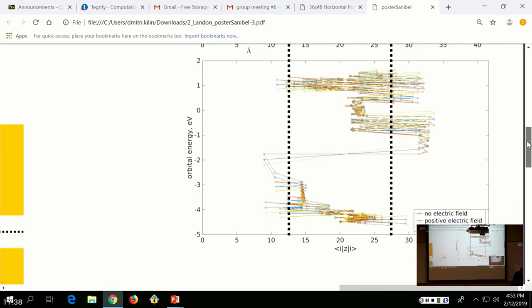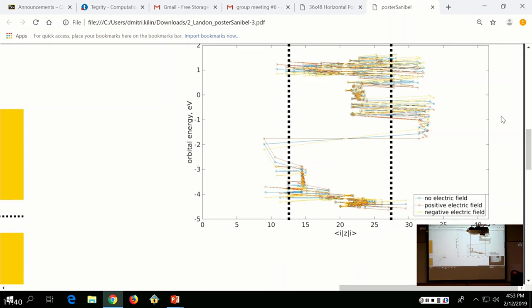Now let me make this hard. So, by using that approximation from first order perturbation theory, we can calculate the energetic redistribution of the ground state orbitals.